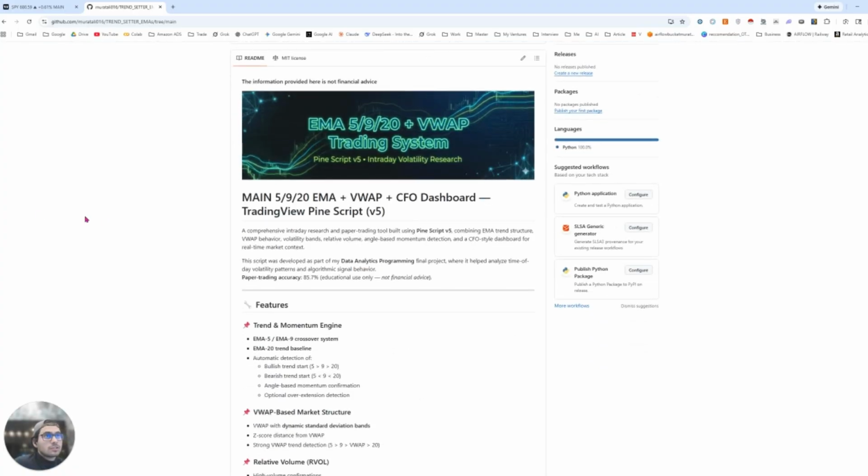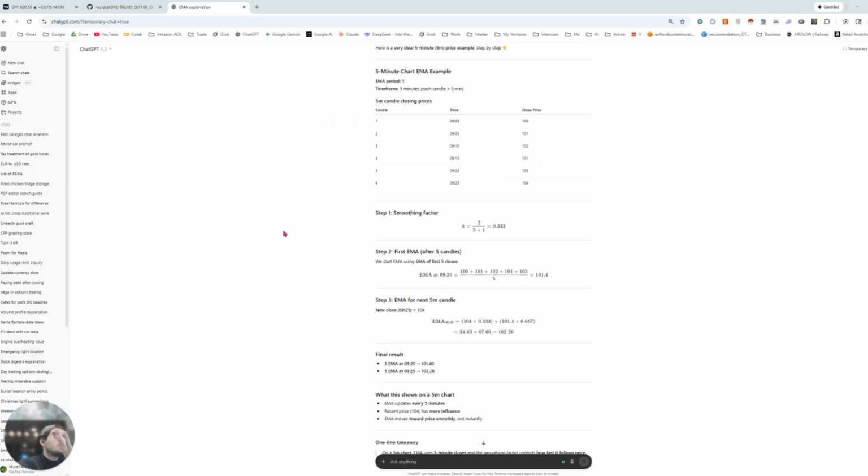Exponential moving averages. Just a brief explanation of what EMA is. Here you go. This is an example of 5 minute periods, which is actually what we're using on the trading system. So let's just say 9 a.m., the close price 100, 9:05, 101, 102, etc. We have a smoothing factor. What is the smoothing factor? It's just used for the periods.